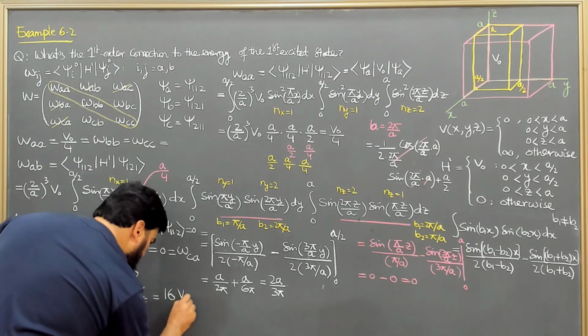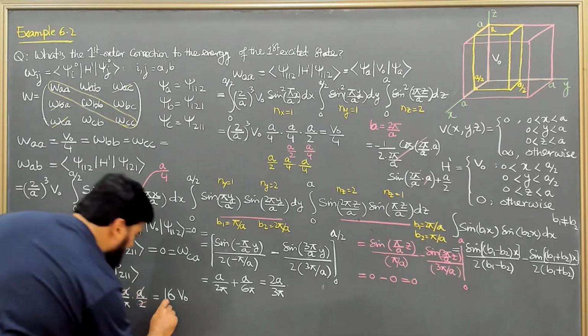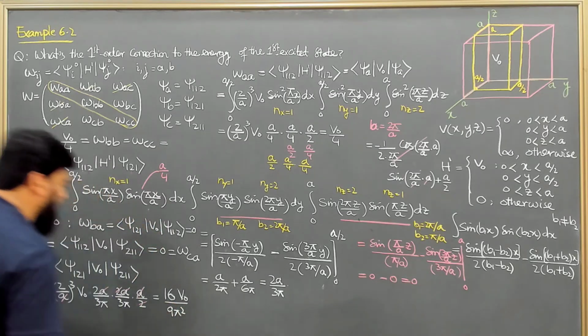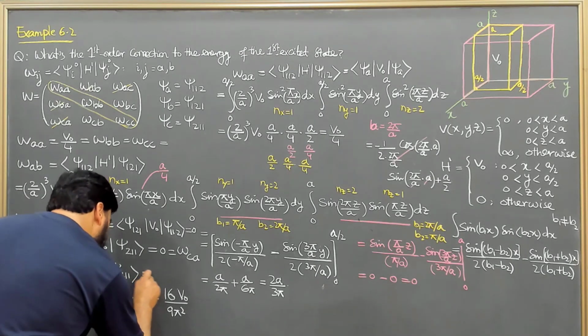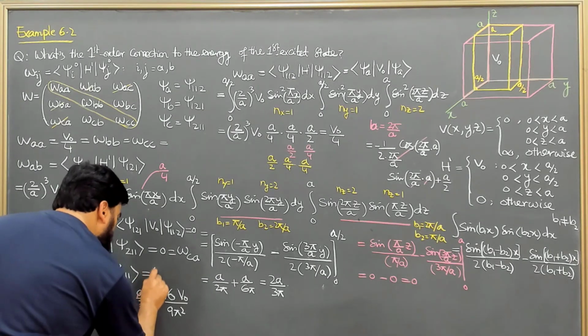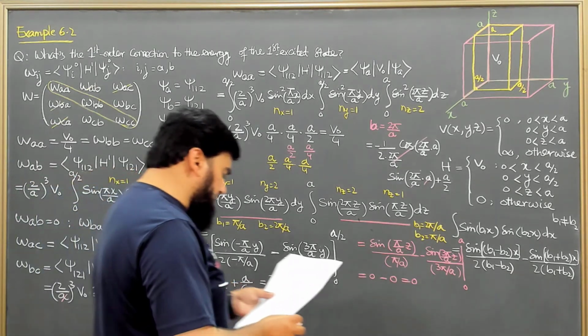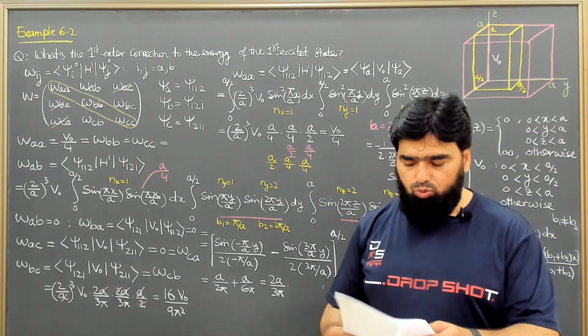So 16 V naught over 9 pi squared. And this is the value of WBC, and this value is equal for WCB as well. You can try to find out that this value comes out for WCB as well.